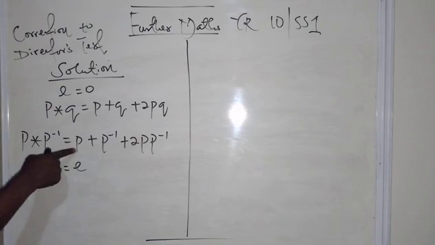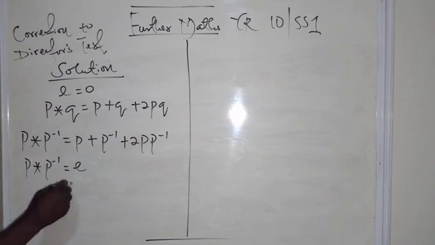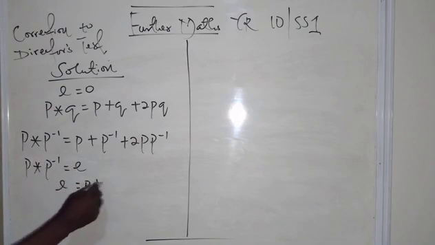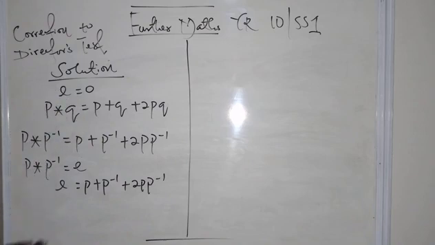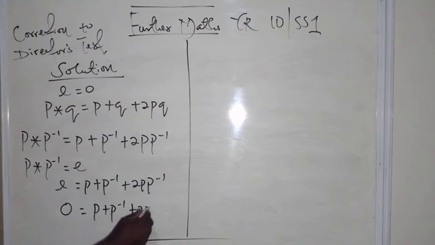That means this will be equal to this. So we have E is P plus P inverse plus 2P P inverse, and we have been given that the identity element is 0. Therefore, P plus P inverse plus 2P P inverse is equal to 0.